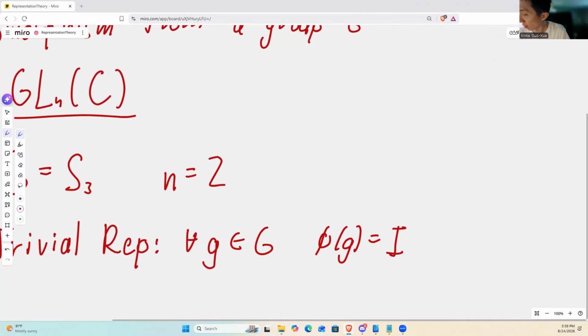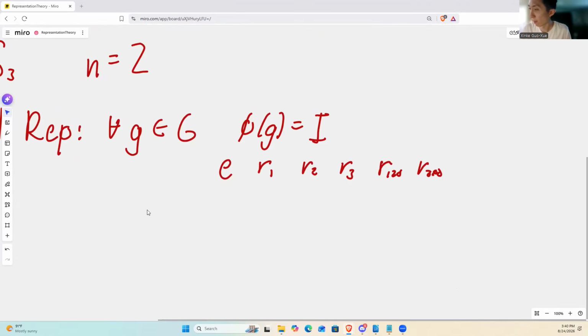The elements of G are like the identity, reflection over a height, reflection over another height, reflection over another height, a rotation by 120 degrees, and a rotation by 240 degrees. So here phi sends everything to the identity matrix.